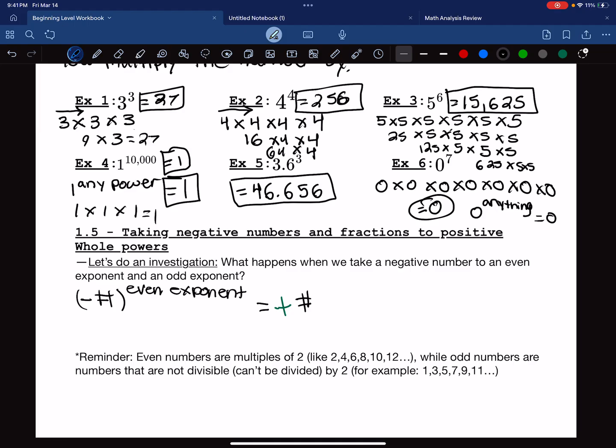However, on the other hand, when we have a negative number raised to an odd exponent, we will get out a negative number.